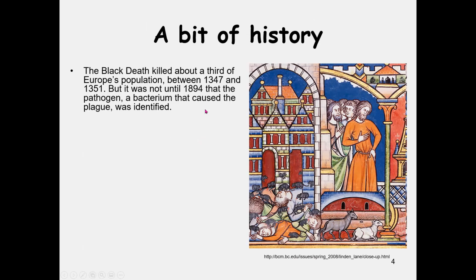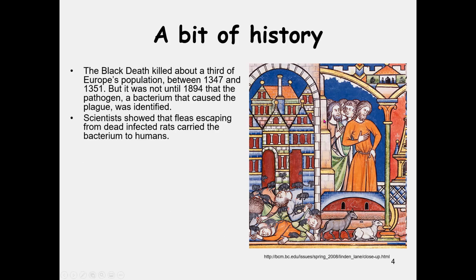So in the 14th century, the Black Death killed huge numbers, many hundreds of thousands of people in Europe. And it wasn't until the 19th century that bacteria were identified as the cause of the Great Plague. And they showed that it was the fleas that were the vector, the things that were moving the bacteria around.